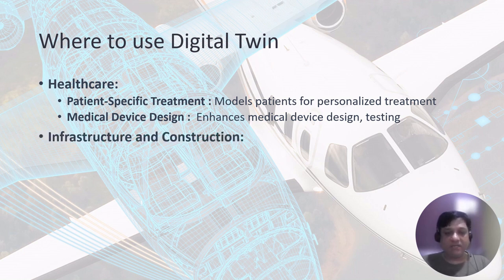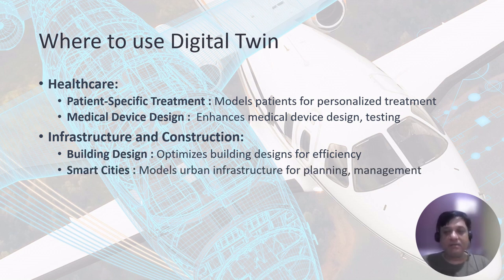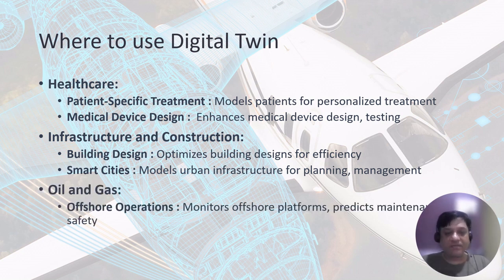Infrastructure and construction. The first one is building design. It optimizes the building designs for energy efficiency, comfort, and functionality. Then comes smart cities, wherein it models the urban infrastructure, aiding in urban planning, traffic management, and resource allocation. Next is oil and gas.